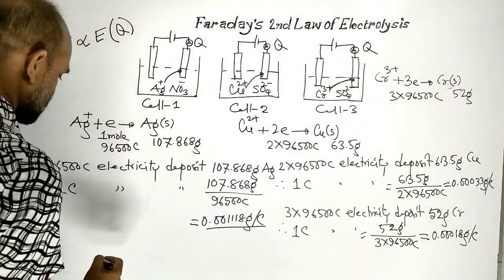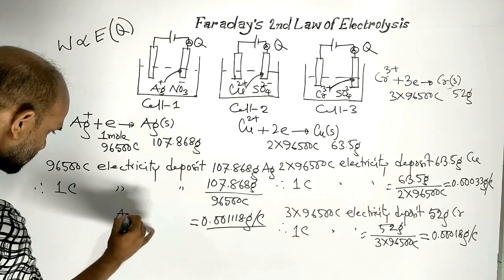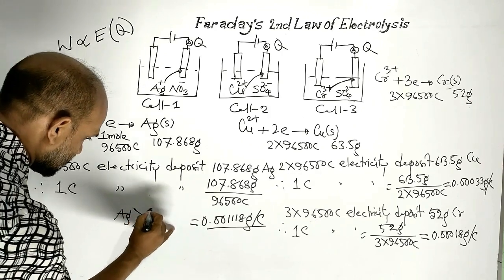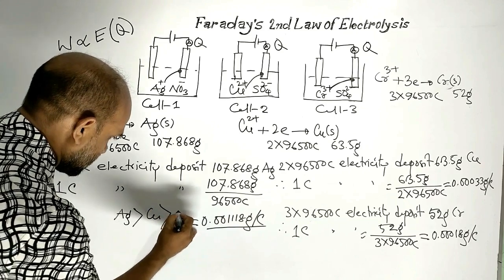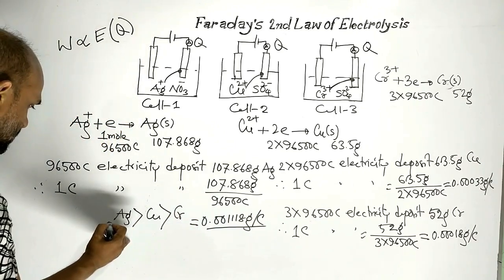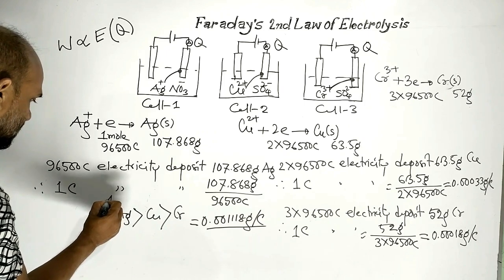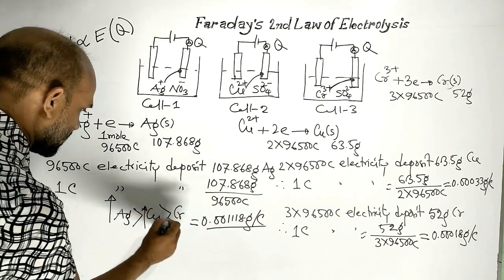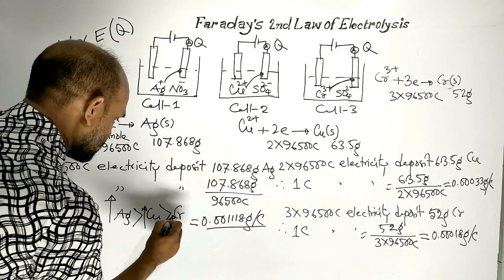That is, the amount of silver deposited is higher than copper and then chromium. And we know the chemical equivalent of silver is higher than copper, and after that chromium.